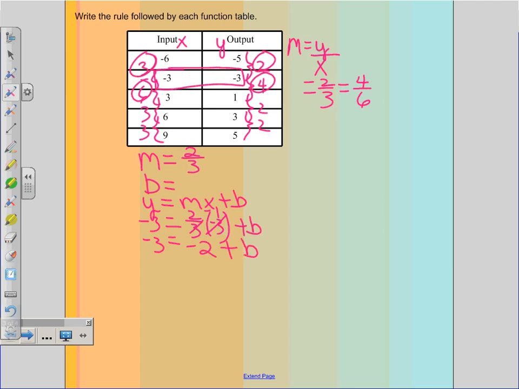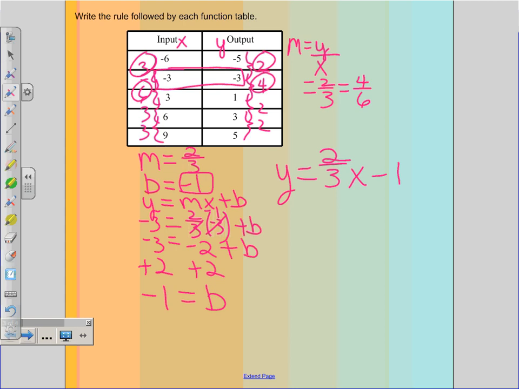To get b by itself, I would have to add 2 to both sides, and that's going to give me -1 is equal to b. I can go ahead and write that down here. As far as the final equation, y is equal to 2/3 x, and this is a -1, so I'm going to say -1 there.